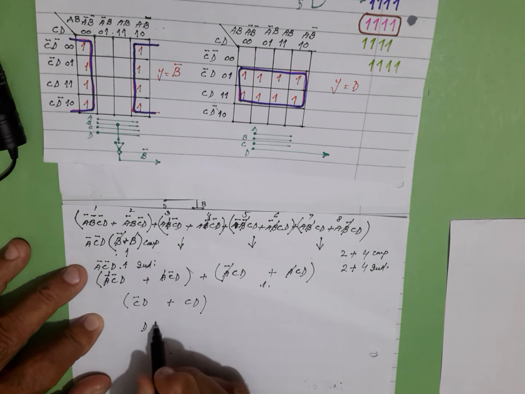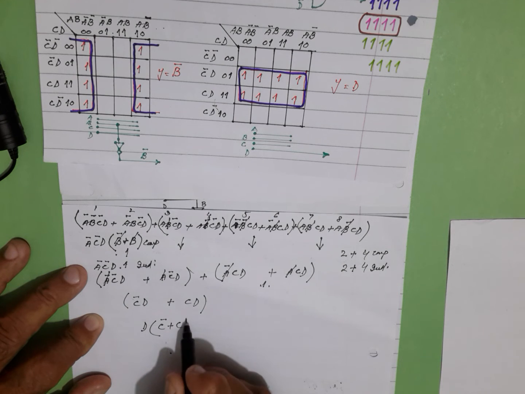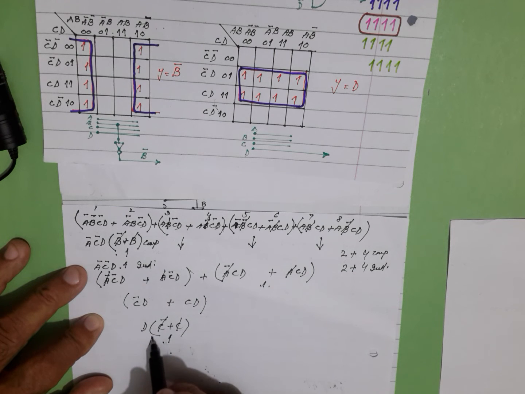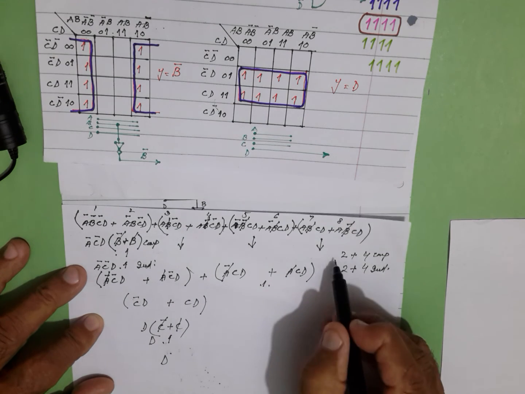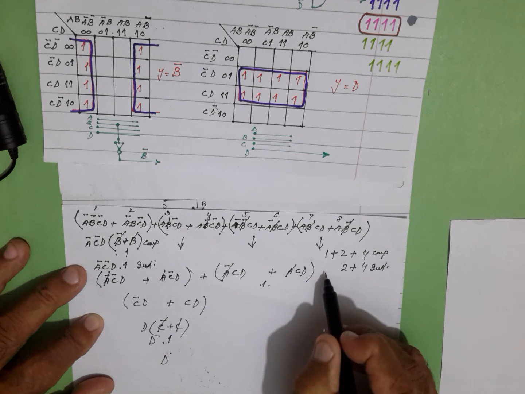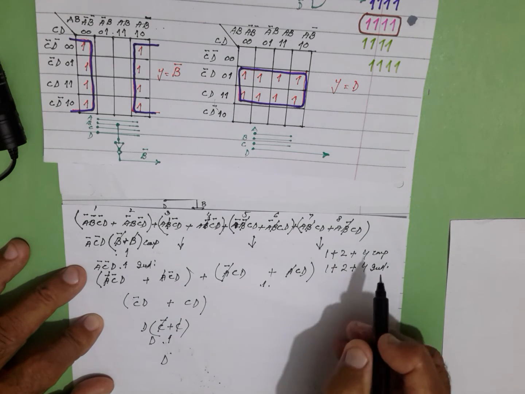D can be taken out, and inside we have C bar plus C. Again, the complement law says that when a variable is ORed with its complement, it results in 1. The identity law says that when 1 is multiplied with the variable, it results in D. We have further applied 1 complement law and 1 identity law.